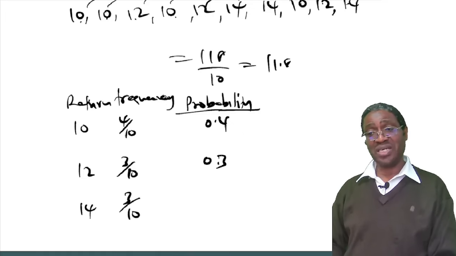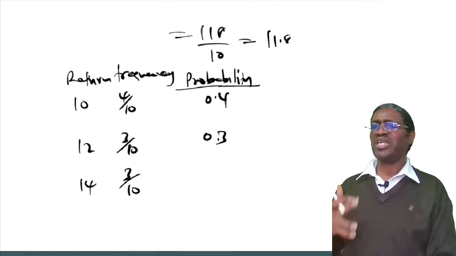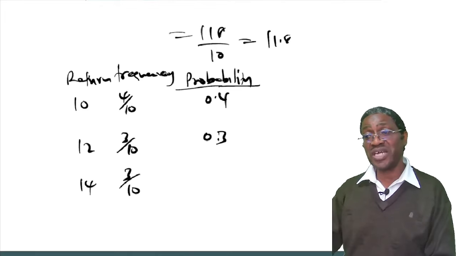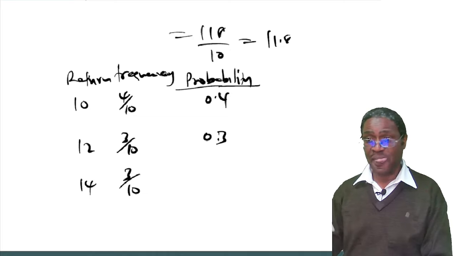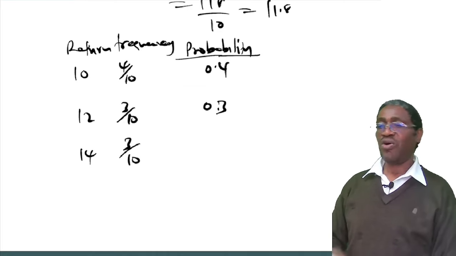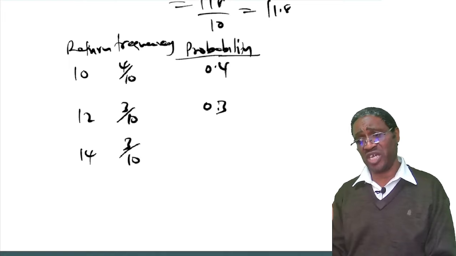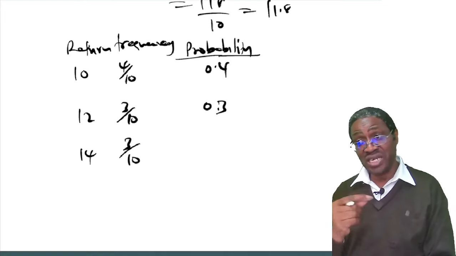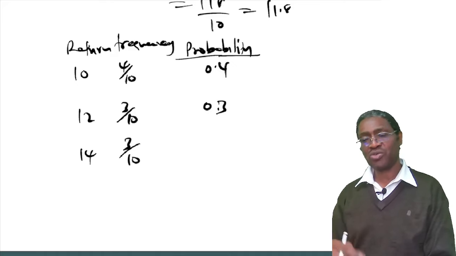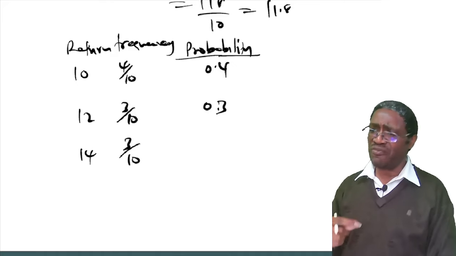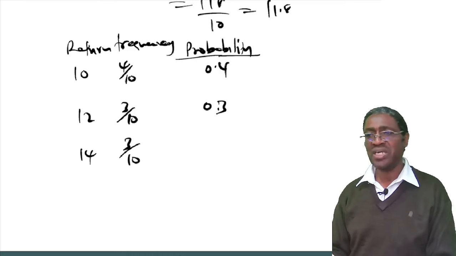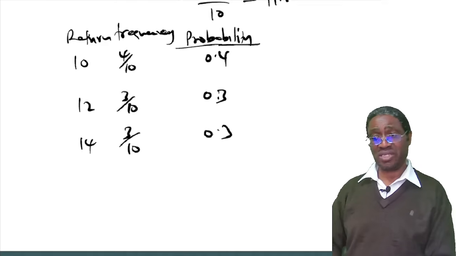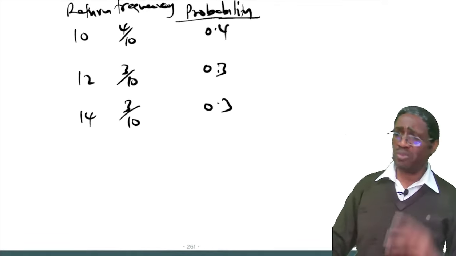In other words, you can see the probabilities represent the frequencies. Are you there? Good. 14 as a return occurred 3 times out of 10 years. So the probability that I may get a 14% return next time is 0.3. Good.